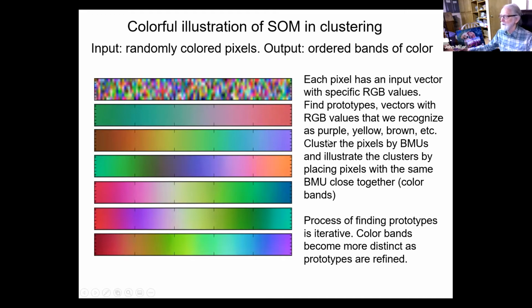To illustrate the clustering based on those prototypes, we'll find the prototype that's closest to the color of each pixel, and we'll group all those pixels that are close to a given prototype in one region, and that'll produce these color bands. These color bands give us a map of what colors are present in these pixels.